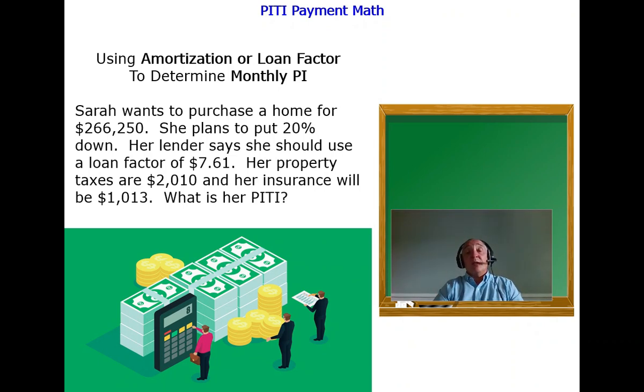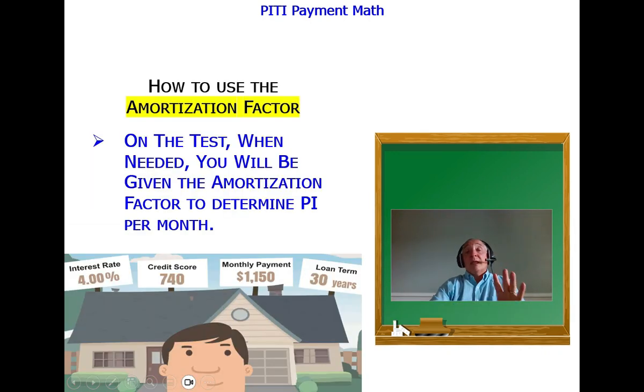So we're going to try to figure out what her PITI, her principal, interest, taxes, and insurance are going to be. Okay? So, on the test, when needed, you will be given the amortization factor to determine the PI per month. So, on the test, we're not going to have to try to figure it out. On the test, you're given the loan factor, so it makes it so much easier for you.